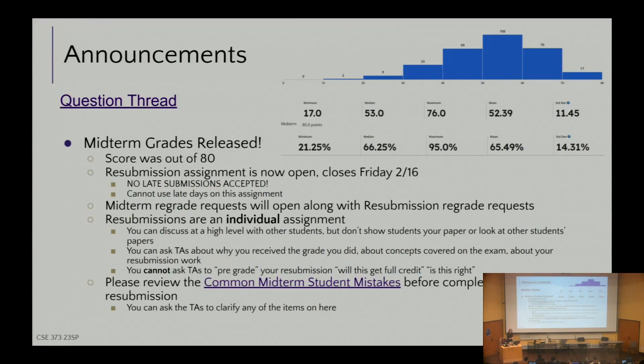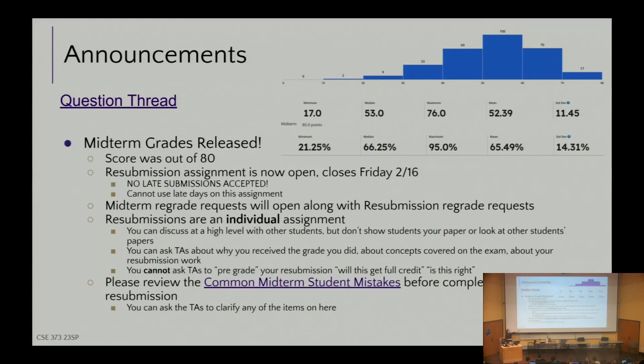We also, and by we I mean really mostly the TAs because they are the heroes of the hour, put together a whole Google Doc with common student mistakes, question by question. As you are reviewing your grades, also take a look at this Google Doc and see if maybe it was how you worded your answer, maybe you didn't give us enough information, to make sure that you are giving us exactly what we want so we can give you hopefully full credit on the resubmission.